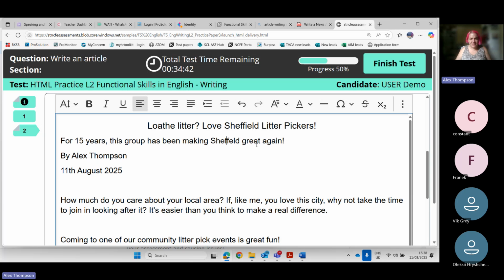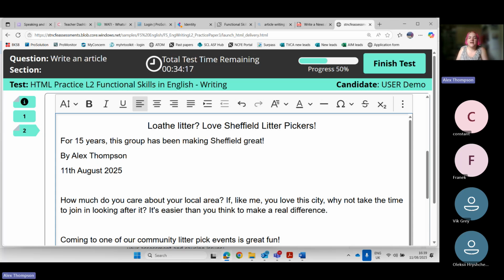Okay, so there we go. So we have that a little bit more information. Your subheading doesn't need to be a lot. And like I say, I apologise for using the words of any politician. So for 15 years, this group has been making Sheffield. In fact, you know what? I'll just change it to making Sheffield great. Makes it a bit simpler.